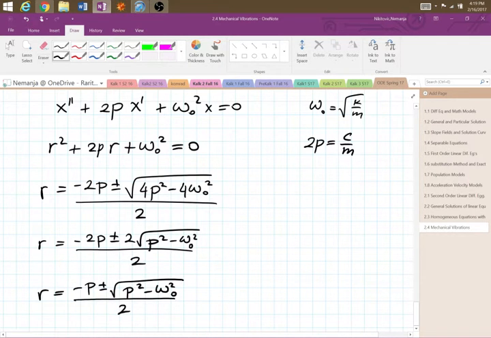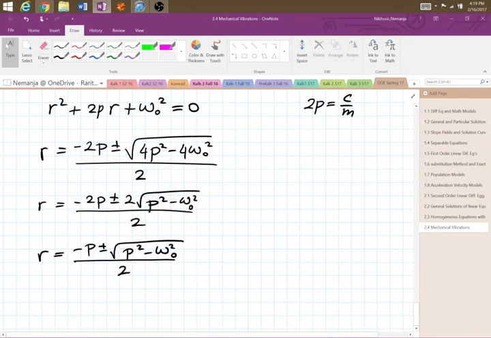So now that you have this, we're going to say, all right, what can happen here? And we know that this part here is called the discriminant, and that's the one that drives whether these particular solutions are going to be real, repeated real, or complex, right? So we have the 3 cases.